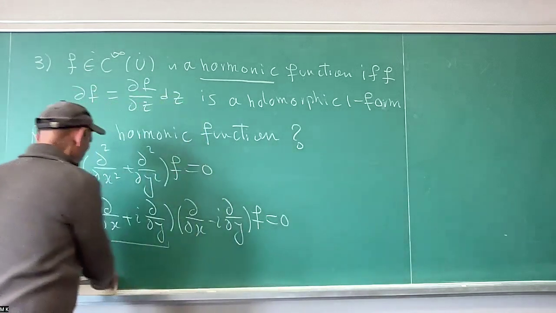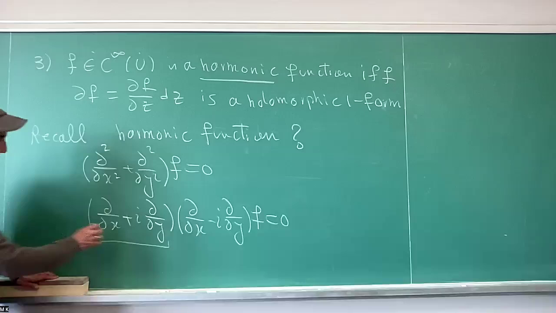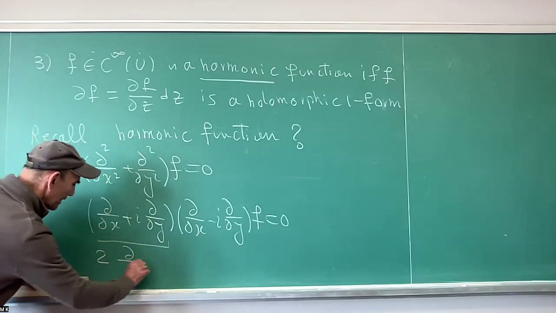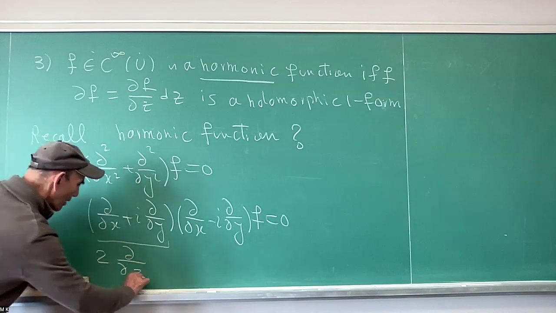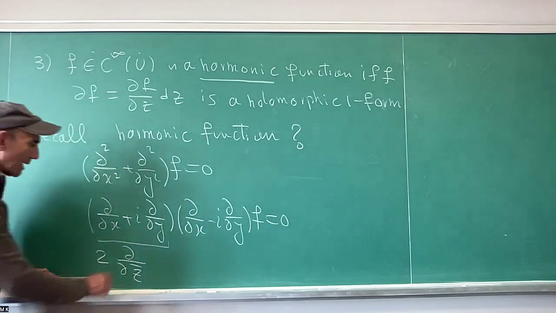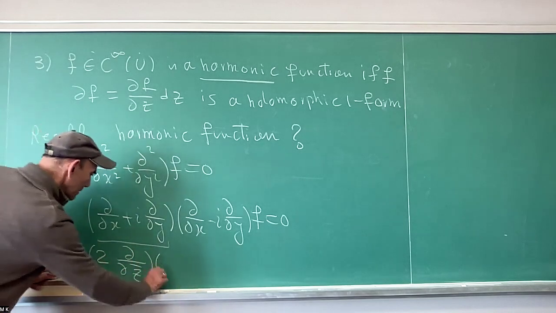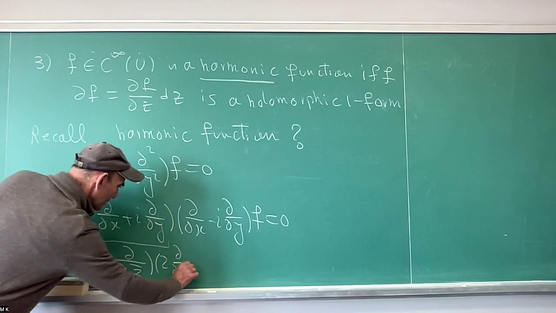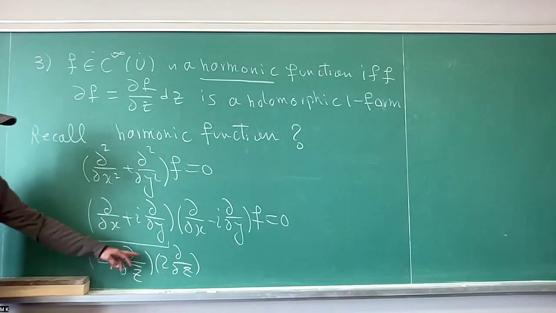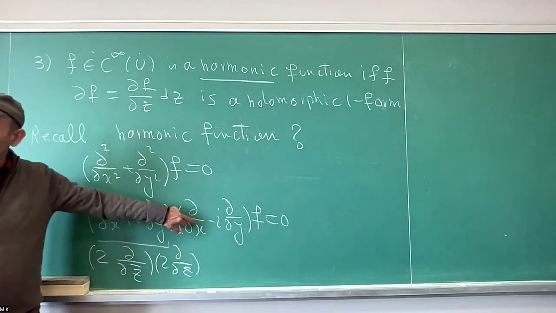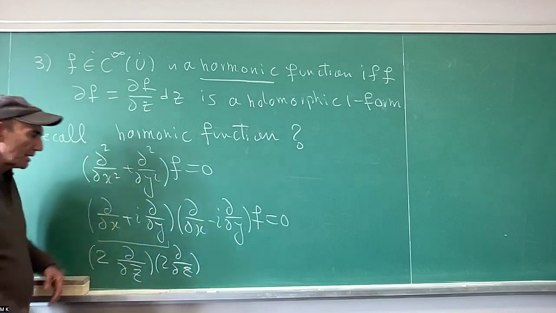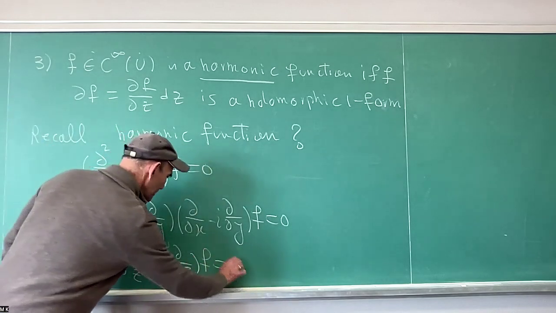Of course there's a factor of two business going on, so we have to be careful, because I defined d/dz to be half of one and d/dz bar to be half of the other. So basically this means that the operator applied to f is equal to 0.